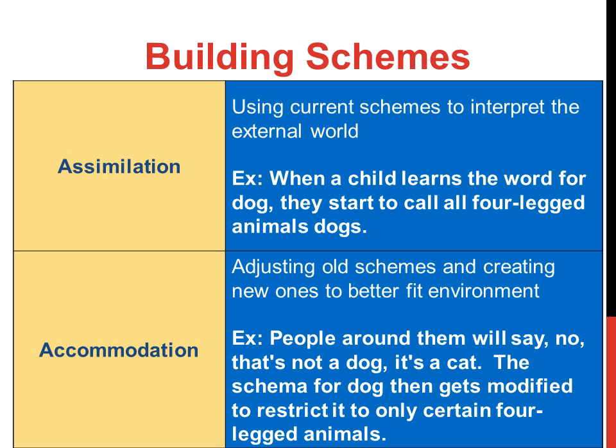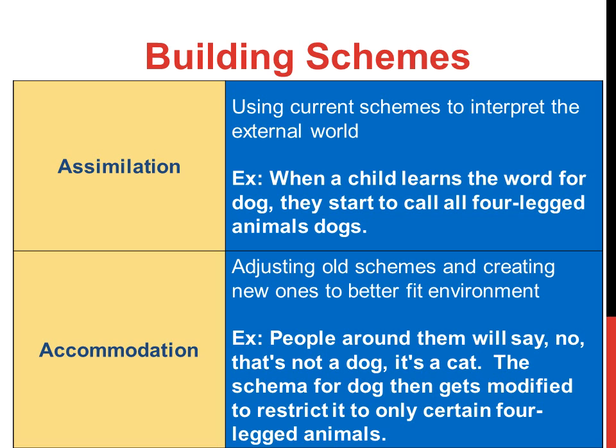So the child calls the cat a dog, and then people around them say, no, that's not a dog, that's a cat. Then the schema for dog gets modified to restrict it to only certain four-legged animals. So the child has to modify that existing schema.